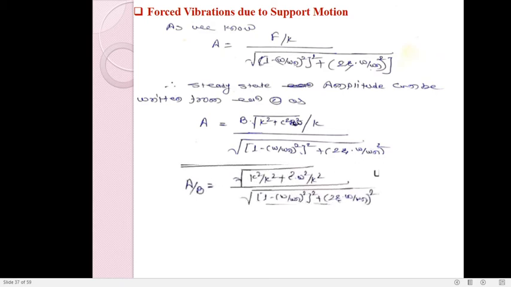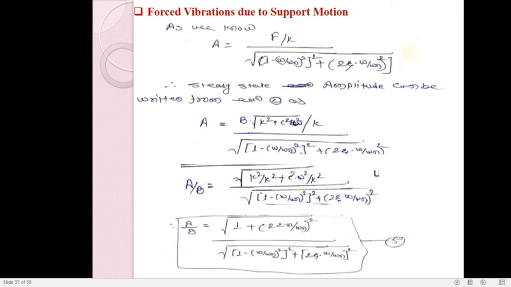Therefore we rearrange this equation: A upon B is equal to, now this k in the numerator can be taken inside the square root, so we get square root of k square upon k square plus c square omega square upon k square, upon the quantity that remains in the denominator.